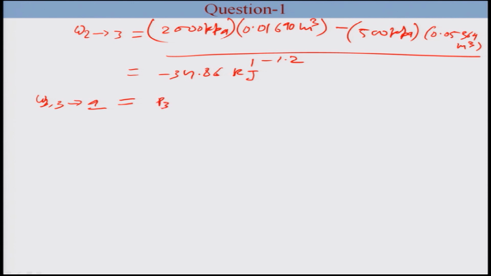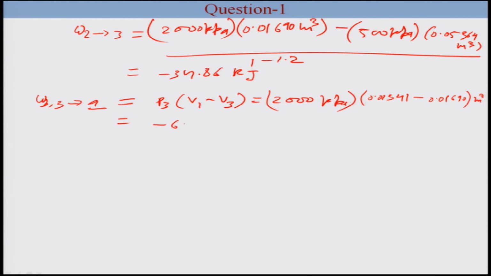This will be P3 times V1 minus V3, which is equal to 2000 kilopascal into 0.01341 minus 0.01690 meter cube. So this gives minus 6.97 kilojoule.